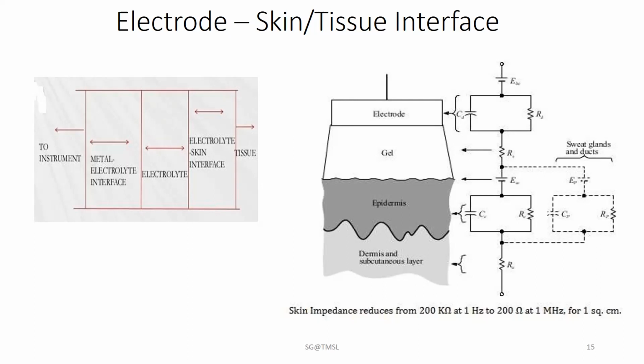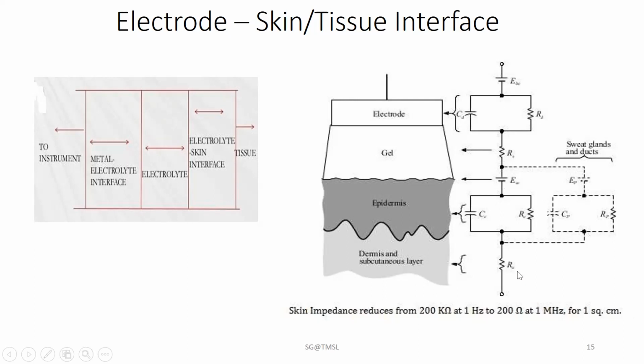And there are also parallel resistance and capacitance combinations in series with this potential that represents the wall of the sweat glands and duct. These components are generally neglected when we consider the biopotential electrode. We have to consider only these two portions.